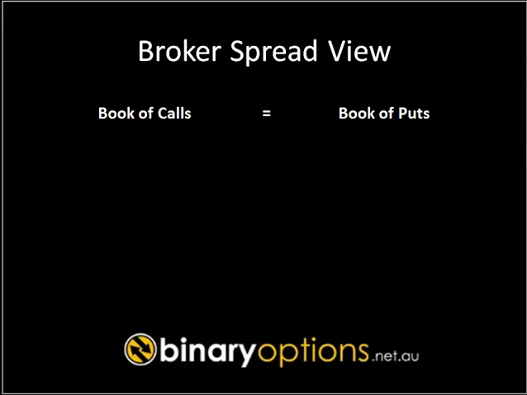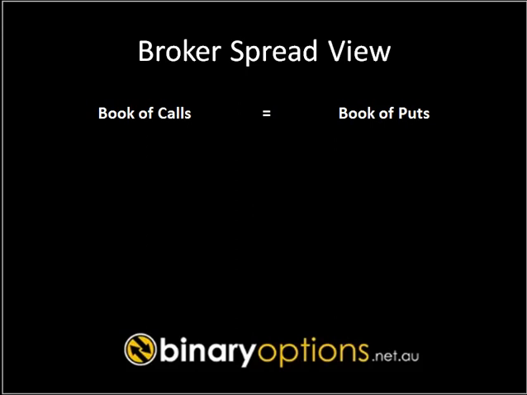Well, remember, the broker pays out 75% of the initial investment on a put or a call. They give the same payout. Let's take a simple example where the broker has one underlying and one strike price. Let's assume the broker is successful in building a book of puts and calls in exactly equal amounts. When the option expires, only one of the options will be in the money, either the calls or the puts.